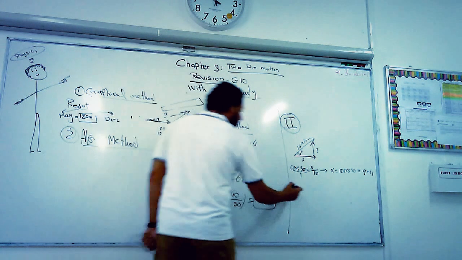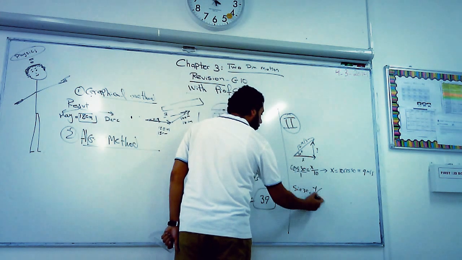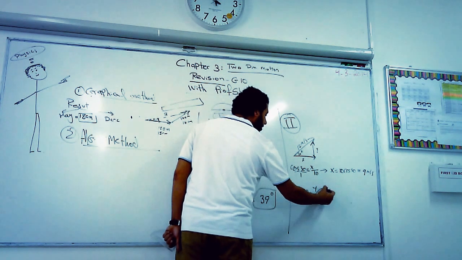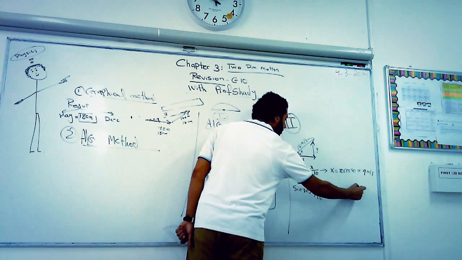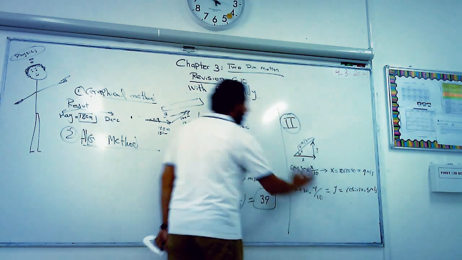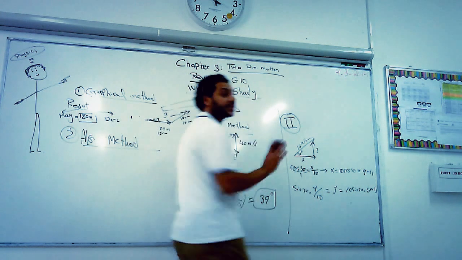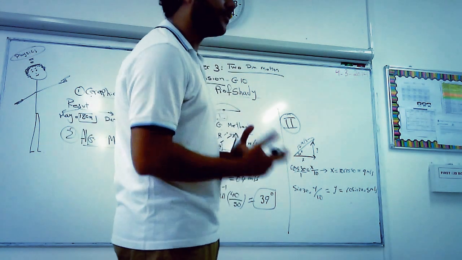The same for the y. Sine 30 is equal to y over 10, so y is equal to 10 sine 30, which is 5 meters per second. So now I found x and I found y, and that's it. This is your question. Find the two components. Find x and find y.